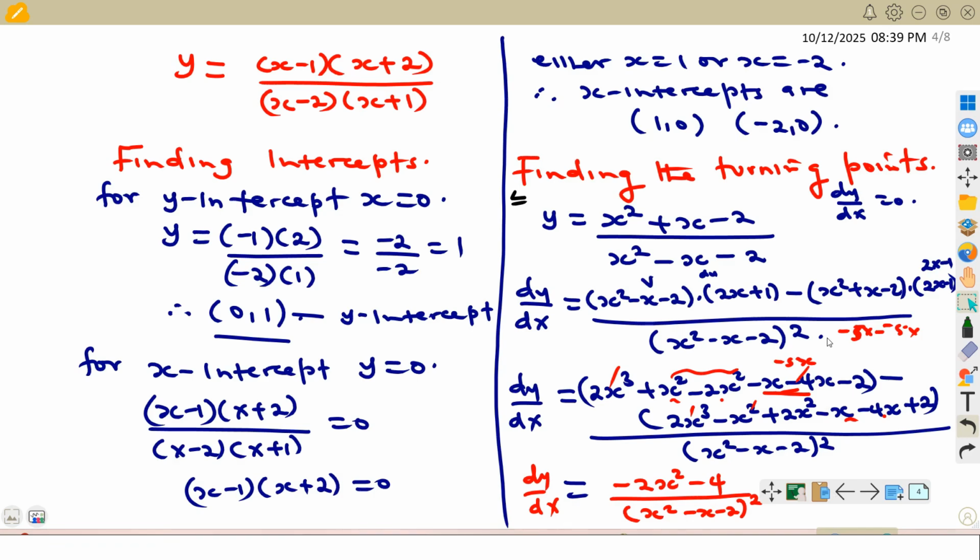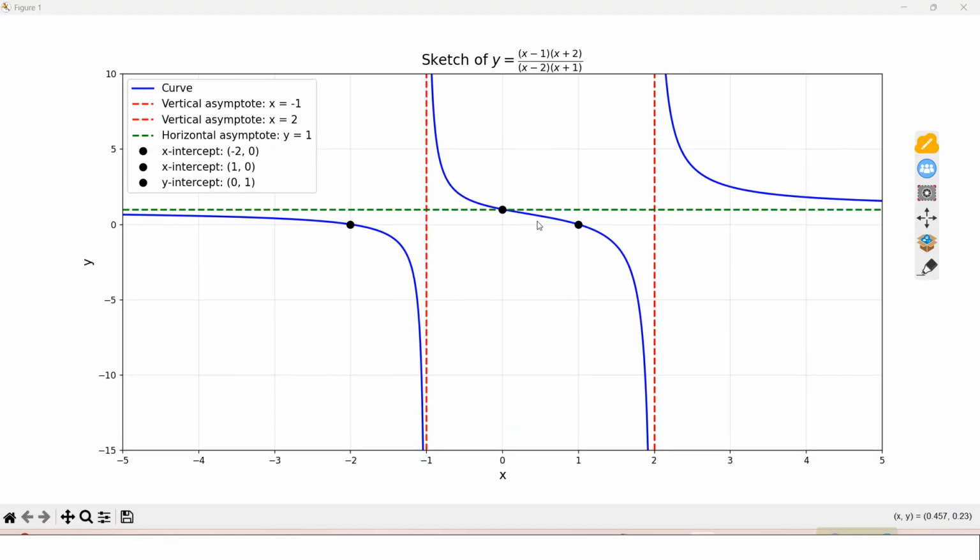So now, to look at the sketch, you need to sketch using what we have obtained here. We have the intercepts, so we shall need to put them there. So we have got these intercepts, that is 1 and 0. That is the x-intercept, 1 and 0.